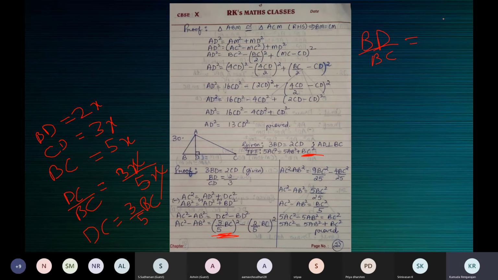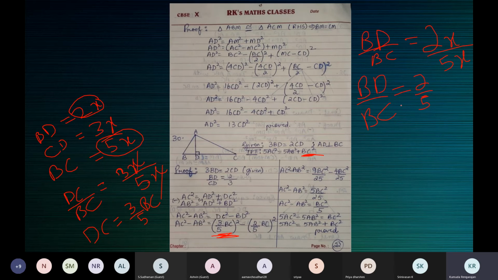So BD is how much? BD is 2x divided by BC. BC is 5x. So we have BD by BC is equal to 2 by 5.